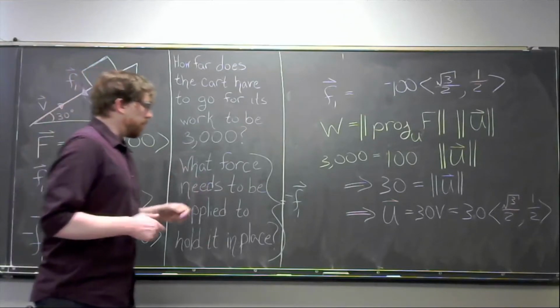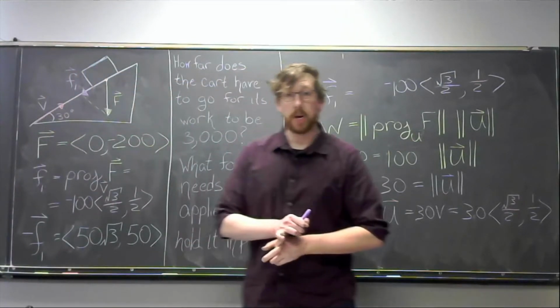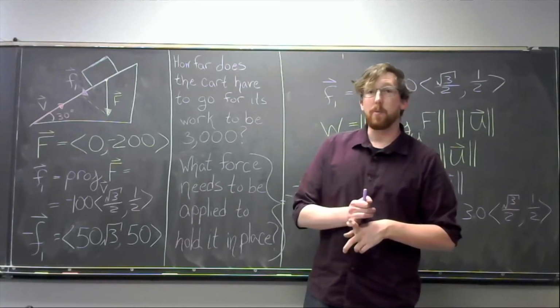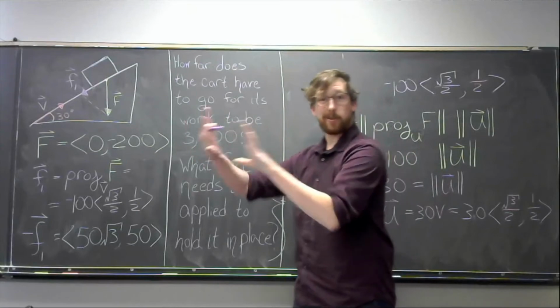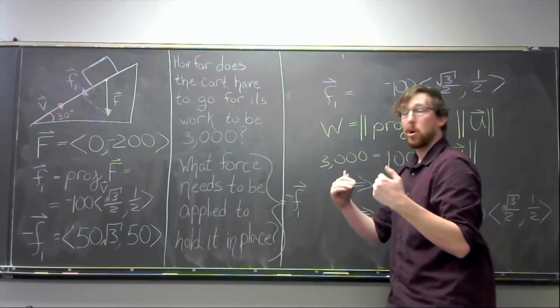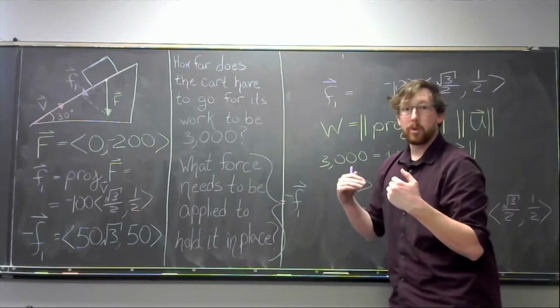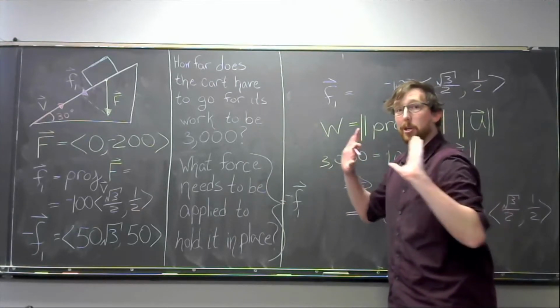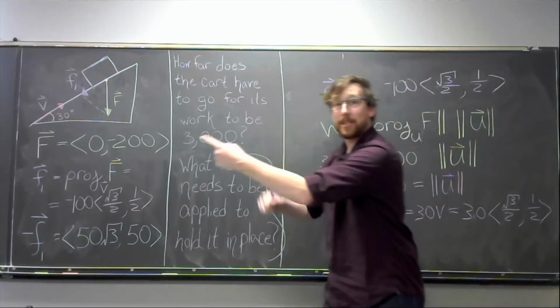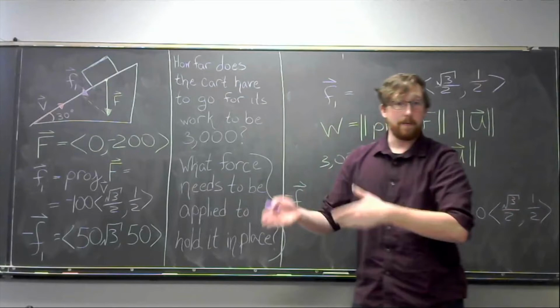So in this first part, we found the projection of our force in the direction of V. We used that to find out what we had to have as a cancellation force, right? Like that cart's moving down the hill with a force of F1. We've got to push up the hill with a force of F1 in the opposite direction, so negative F1, right?